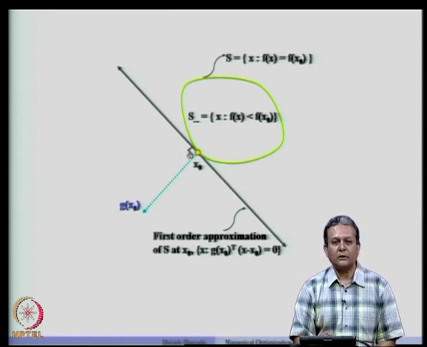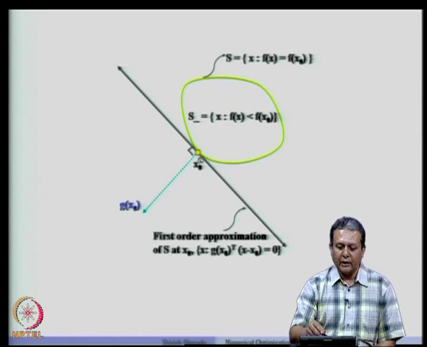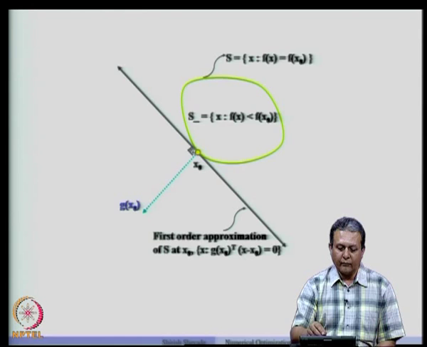And if we use the first derivative of the function, remember that we have assumed that the function f is differentiable, and this vector g is the gradient vector of f at x naught. So, gradient of f of x naught is nothing but g of x naught.